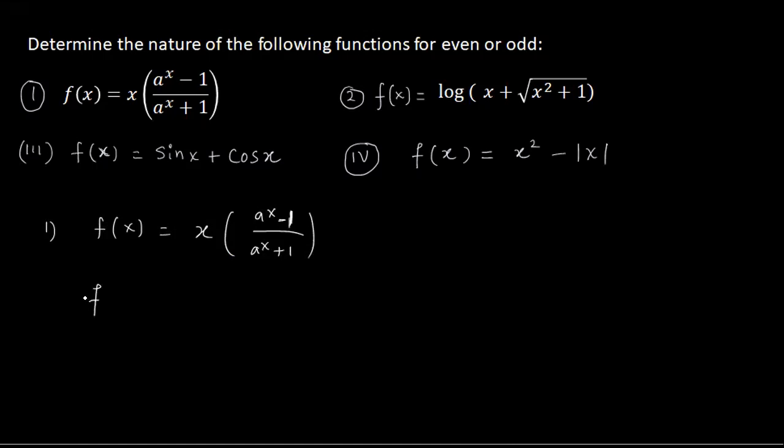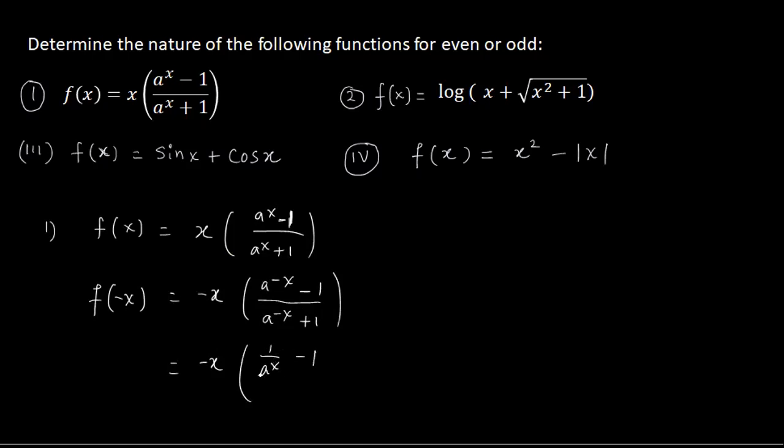Put negative x in place of x, we get negative x into (a raised to the power negative x minus 1) upon (a raised to the power negative x plus 1). This can be rewritten as negative x into (1 upon a raised to the power x minus 1) upon (1 upon a raised to the power x plus 1).